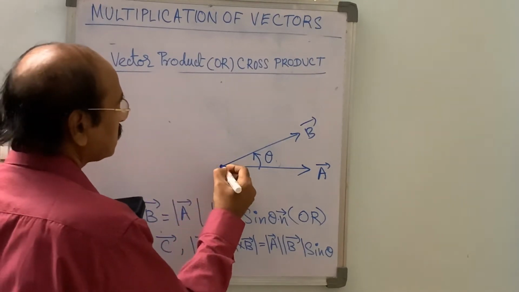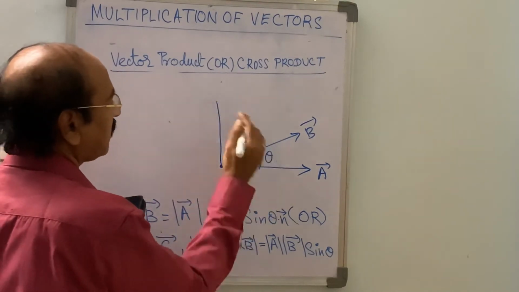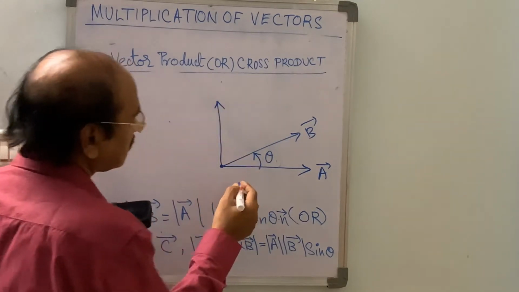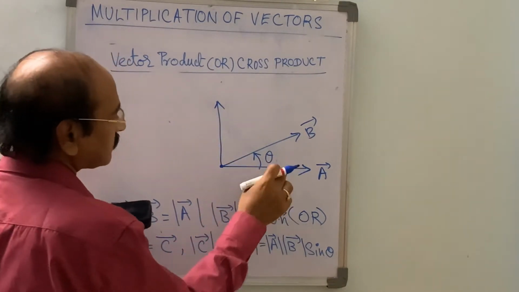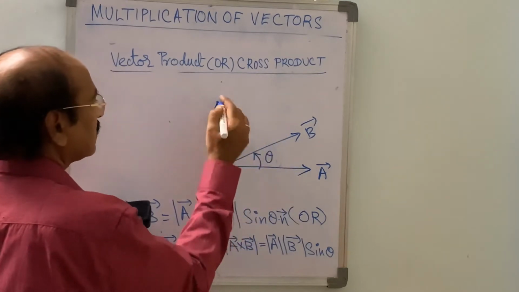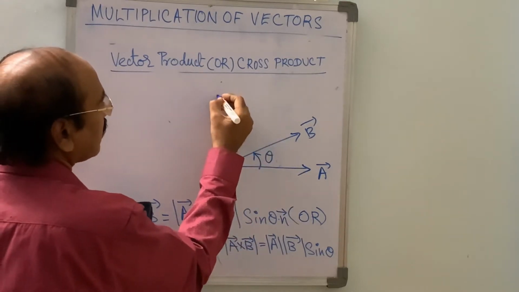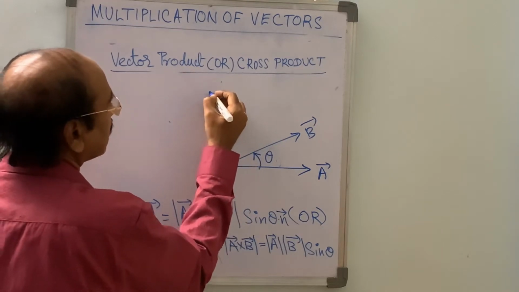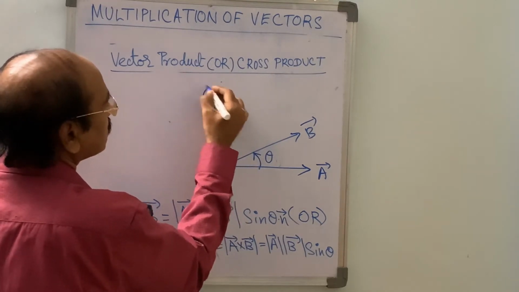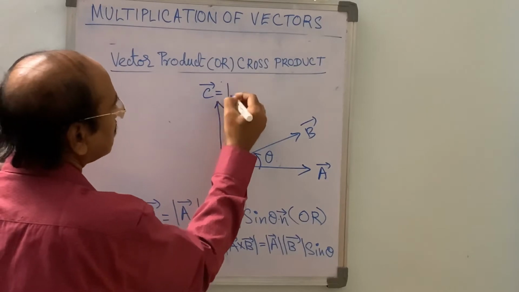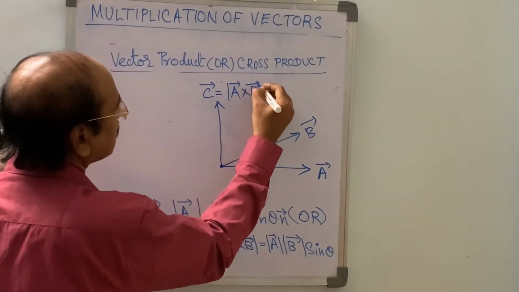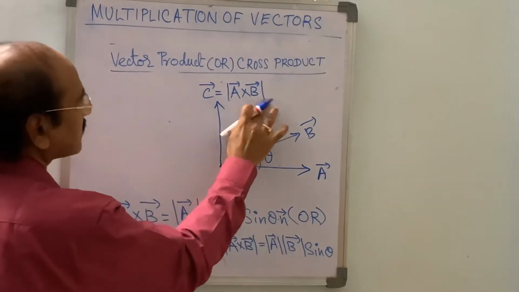So if a bar and b bar are in the xz plane, then another vector c bar whose magnitude is given, so a bar cross b bar is in the direction of the y axis.